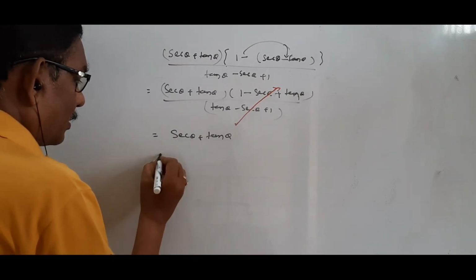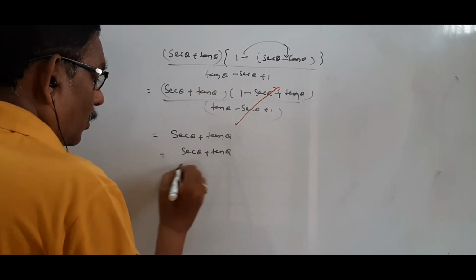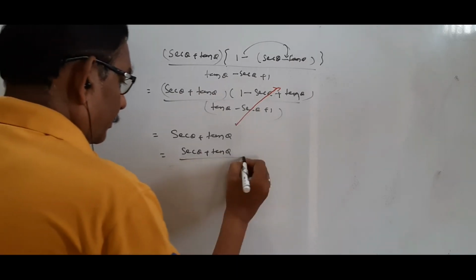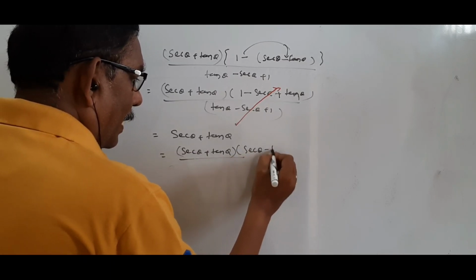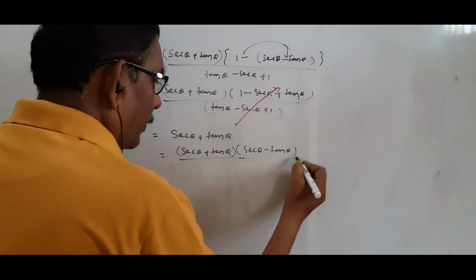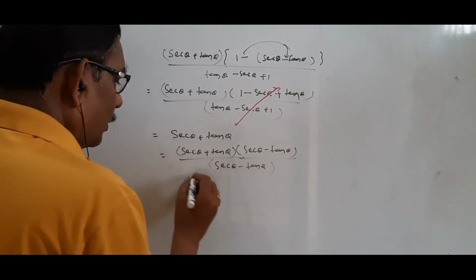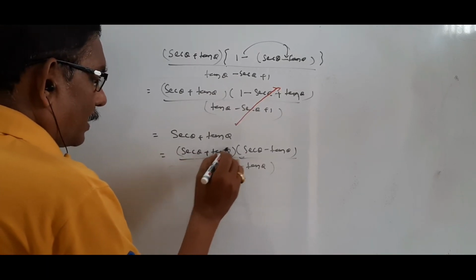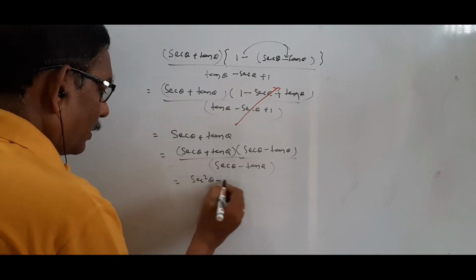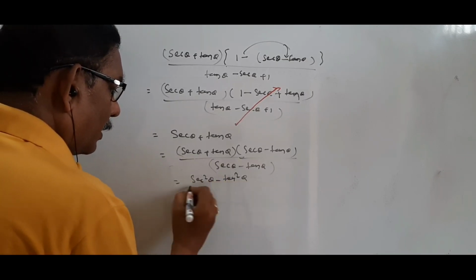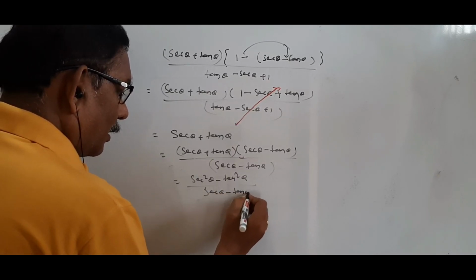Again you rationalize this one, sec theta plus tan theta, with respect to the numerator. Multiply sec theta minus tan theta in numerator and denominator. Sec theta plus tan theta into sec theta minus tan theta is sec square theta minus tan square theta over sec theta minus tan theta.